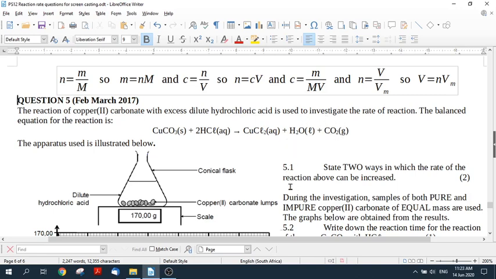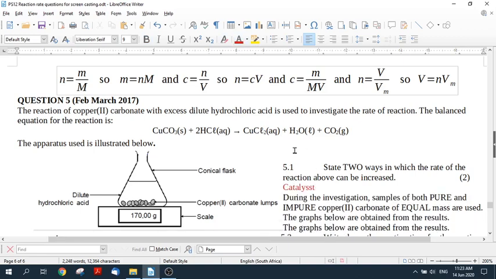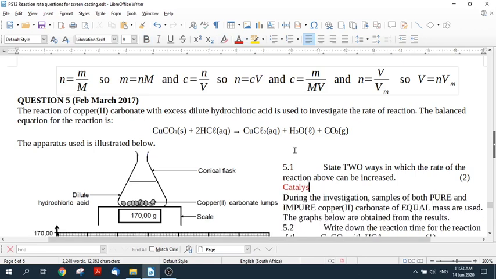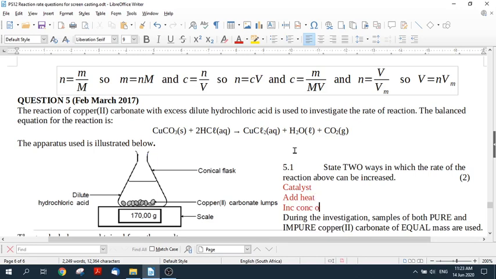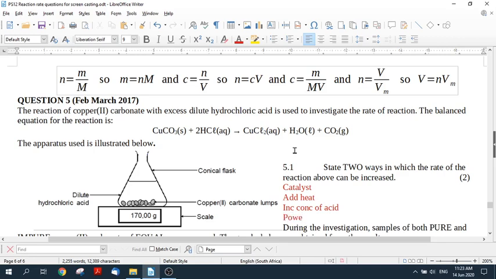State 2 ways in which the rate of the reaction above can be increased. There's a lot of ways. You can add a catalyst, you can add heat, increase the concentration of the acid, you can powder the copper carbonate to increase the reaction surface.